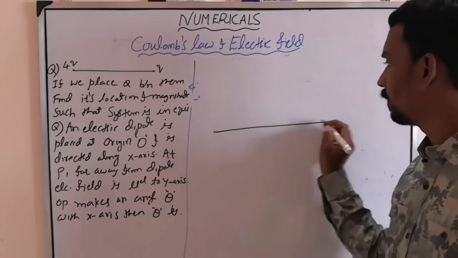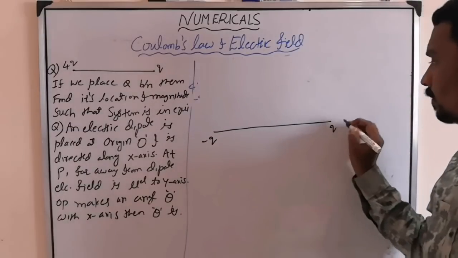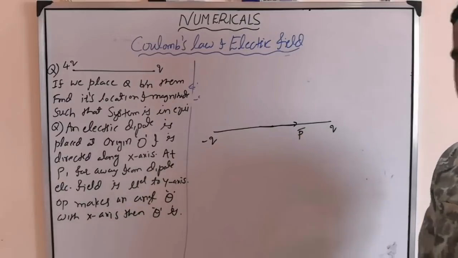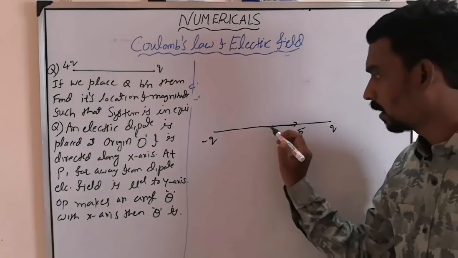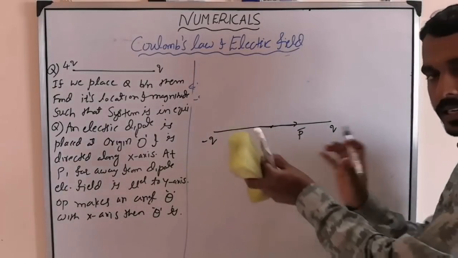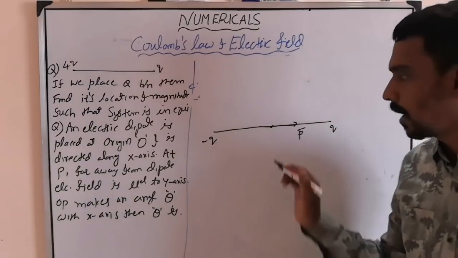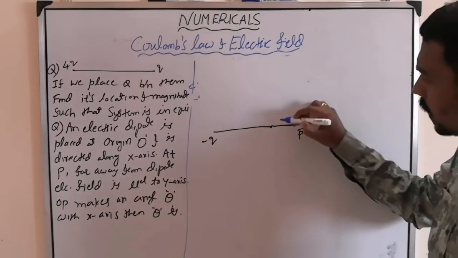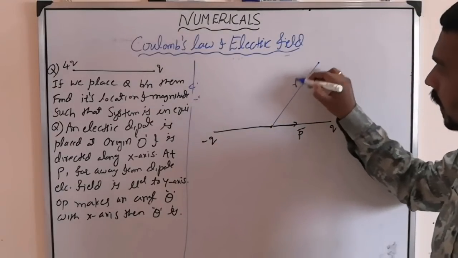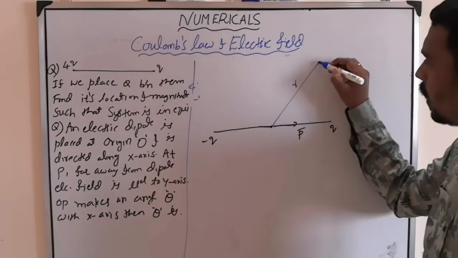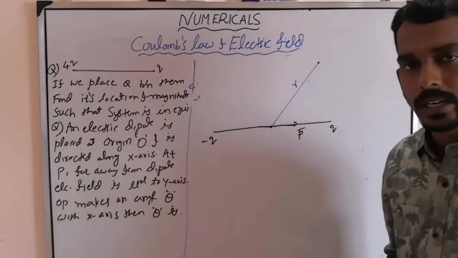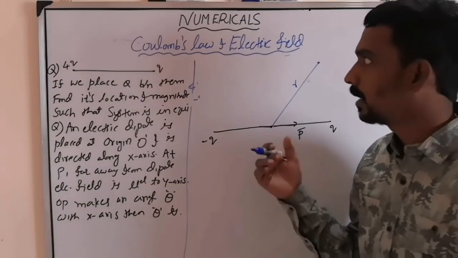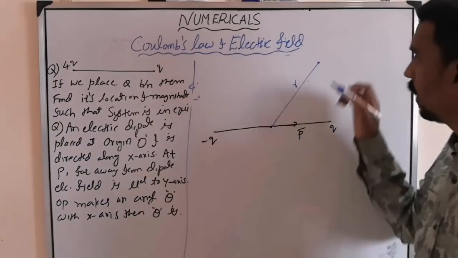When there is a dipole, this is the actual dipole moment P at this point, but for understanding we are drawing it big, though a dipole is actually small. Now at a random point at a distance r, when you want to find the field, how did we find it in the previous sessions when we discussed electrostatics?